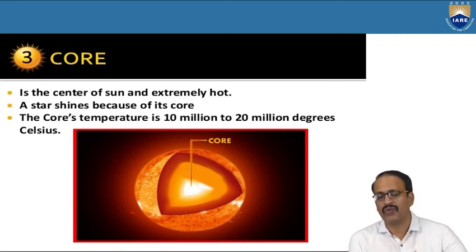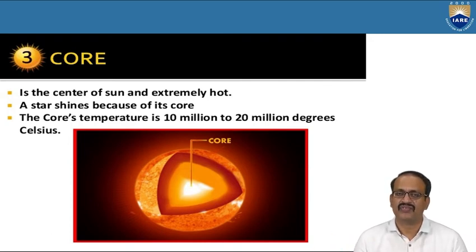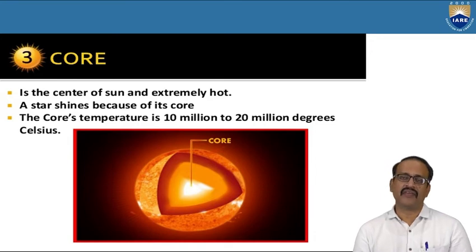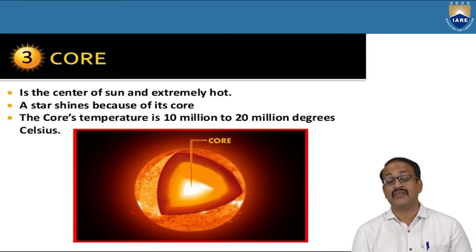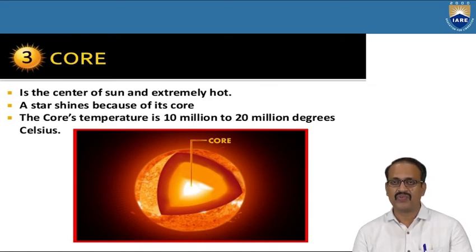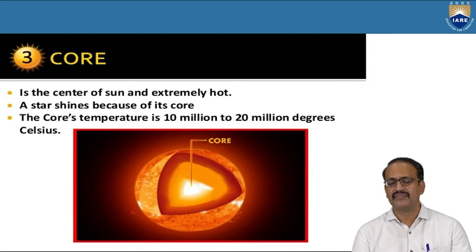Because of that force, they have come closer, and with that much pressure, they have started nuclear fusion, and we are getting so much energy. This is also nuclear energy, like our nuclear materials.